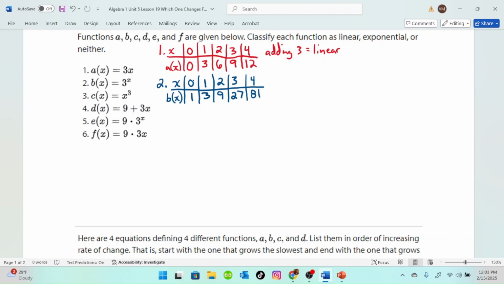What's happening is that we're taking the value of the output and we're multiplying it by 3 over and over again. That means this is exponential.